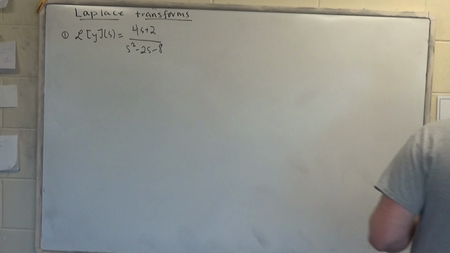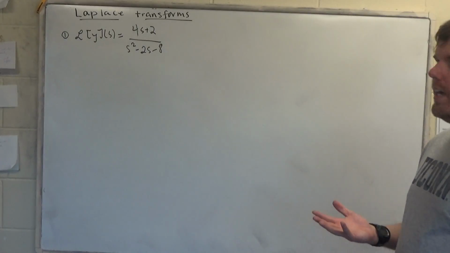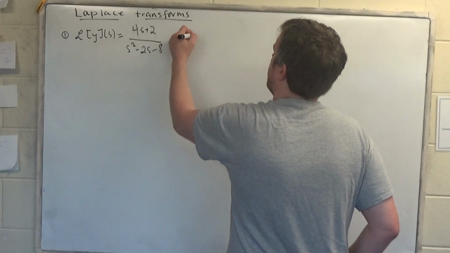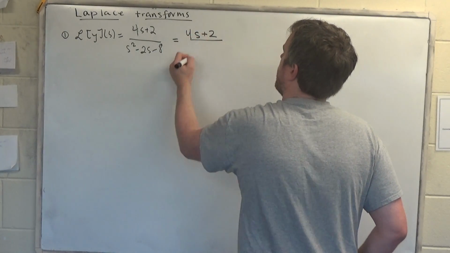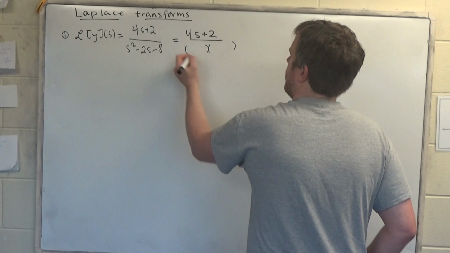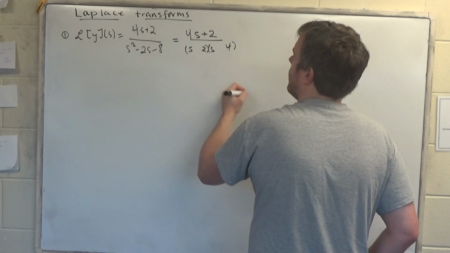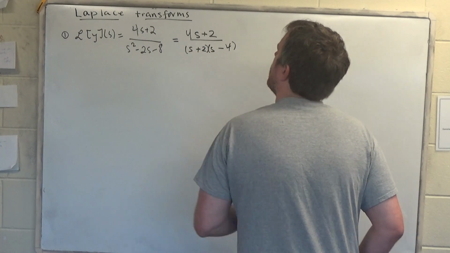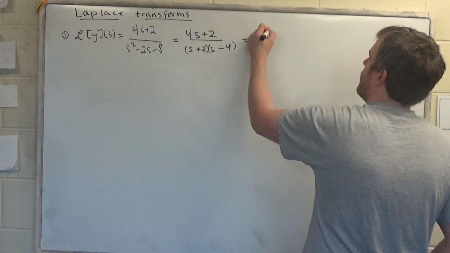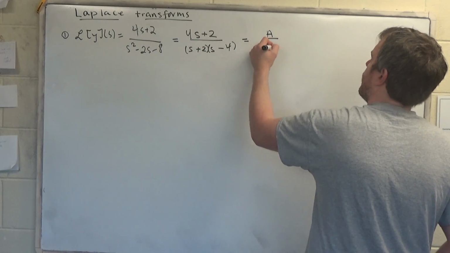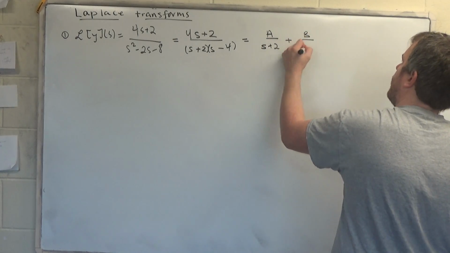Now the key here is to do algebra, in this case partial fractions. So note that the bottom of this fraction factors. So we can hope to split it up as a/(s + 2) + b/(s - 4).